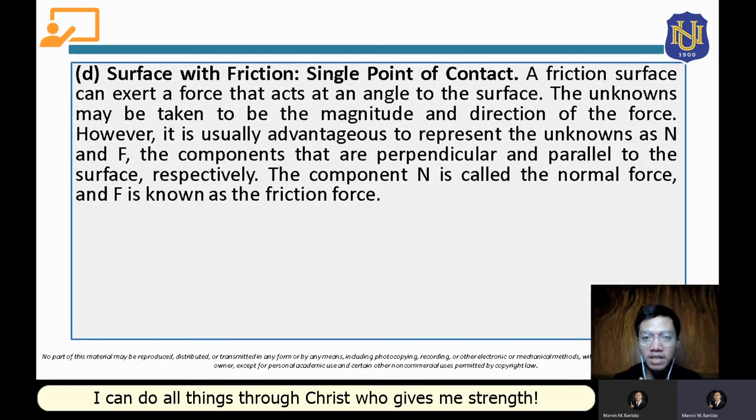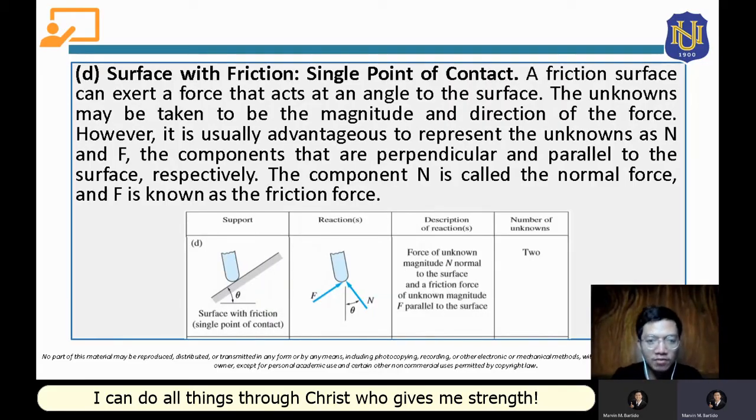So the unknowns may be taken to be the magnitude and direction of the force. However, it is usually advantageous to represent the unknowns as N and F, the components that are perpendicular and parallel to the surface respectively.